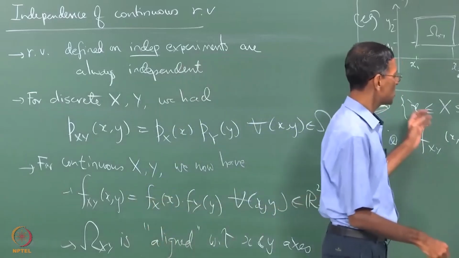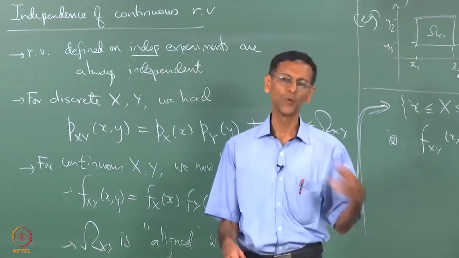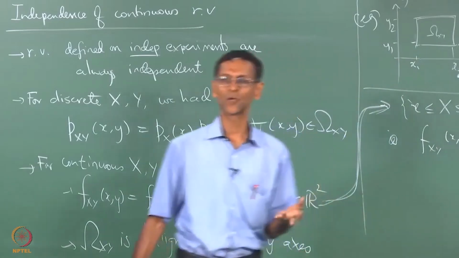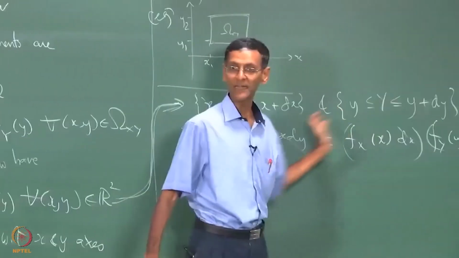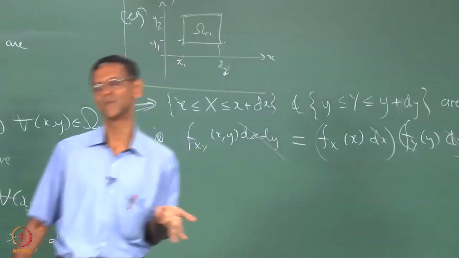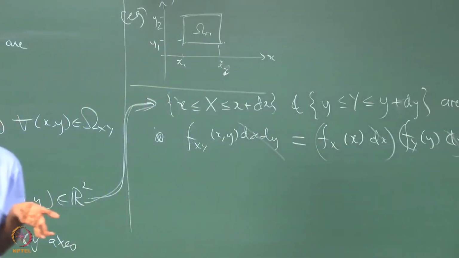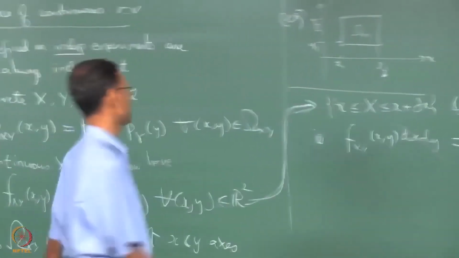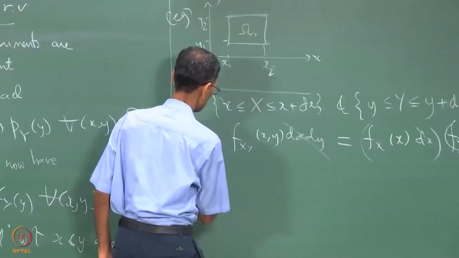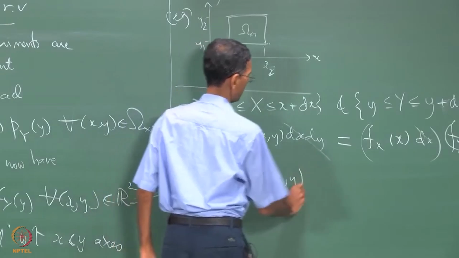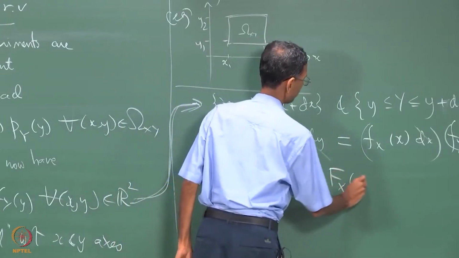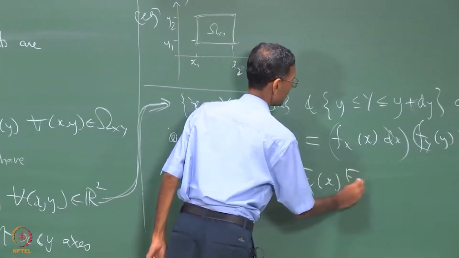In particular, you also have the classic textbook definition of independence, that is CDFs are also factorizable. So this is the factorization of the joint PDF. The joint CDF is also equally well factorizable into the product of the marginal CDFs, the individual CDFs. Why do I get this?